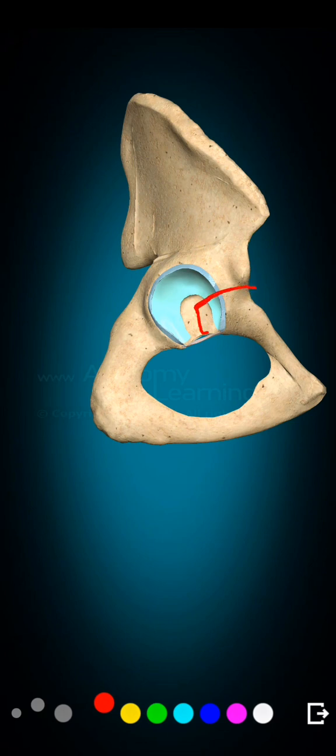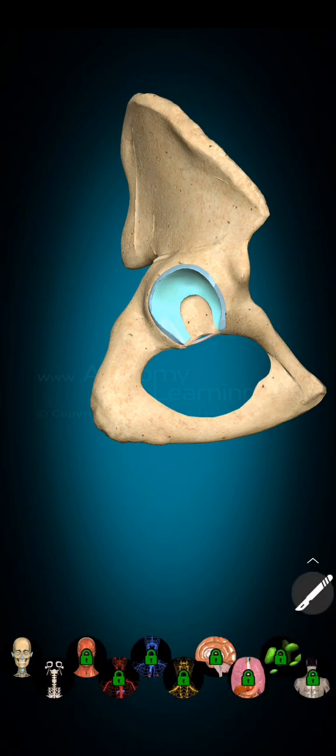As I have already said, this part is the pubis region. This is the anterior surface of the pubis, where we could see the inferior ramus and the superior ramus. And here we have this hole, which is the obturator foramen. It is called the obturator foramen because the obturator externus and internus are attached over here.